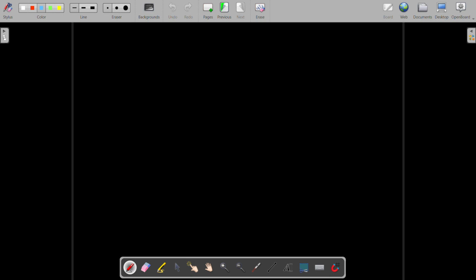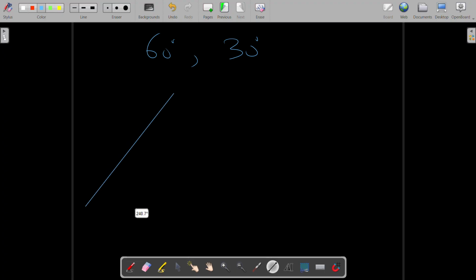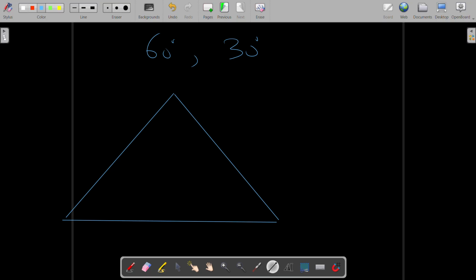Now we'll find out the values of sine 60 degrees and sine 30 degrees. We are taking an equilateral triangle. This triangle ABC is an equilateral triangle.